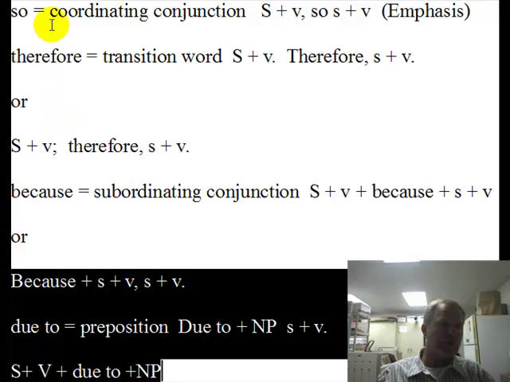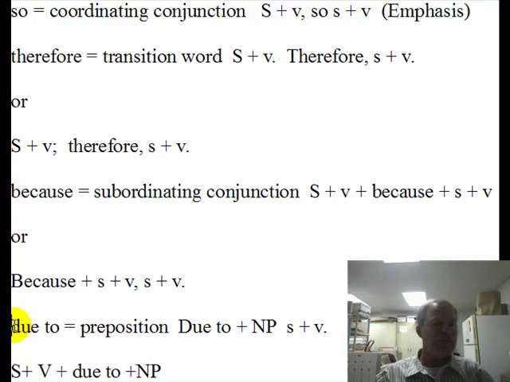Now, therefore and so are similar because they join ideas of equal emphasis. So I think that's what I mean by the rhetorical nature of these connectors. So you'll notice with the 4 connectors, so, therefore, because, and due to, that essentially they have the same meaning, but grammatically they work quite differently, as you see in these sentences.